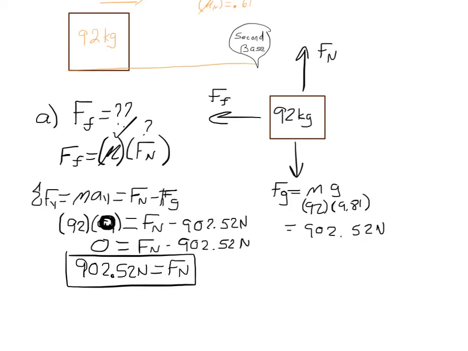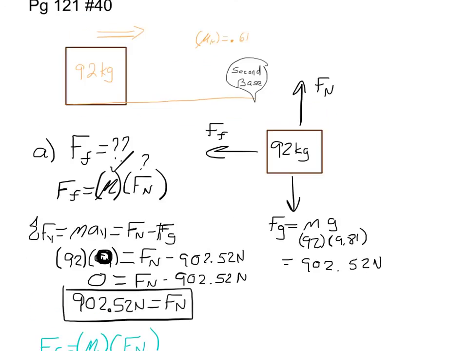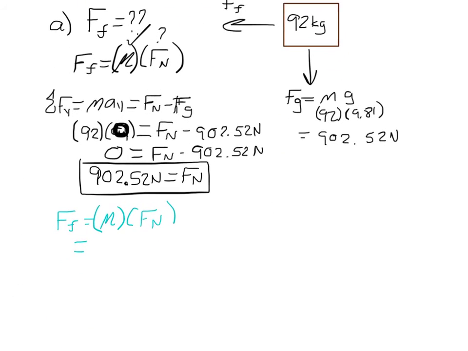Now that I know his normal force, because that was the only thing we were missing, I can actually calculate his force of friction now. His force of friction is going to be the coefficient times the normal force. They gave us the coefficient, 0.61. So this is going to be 0.61 times 902.52 newtons.